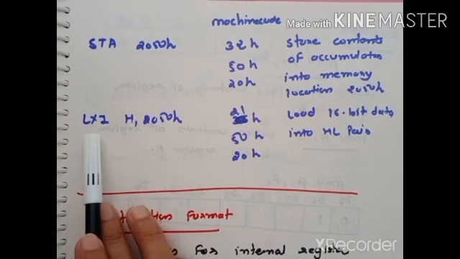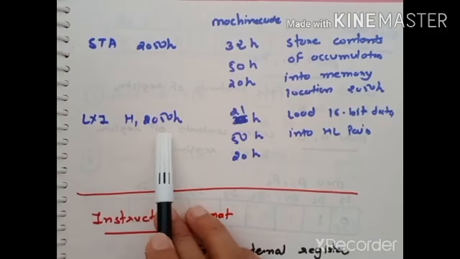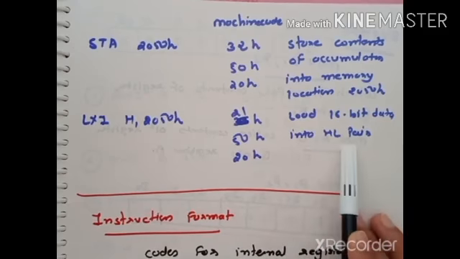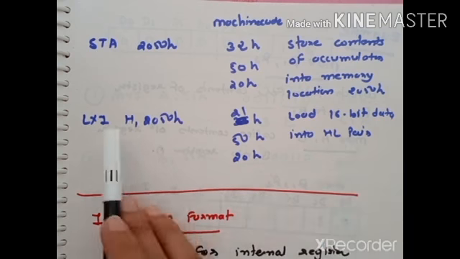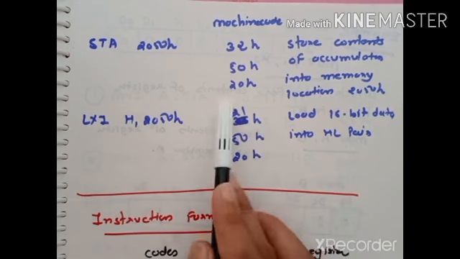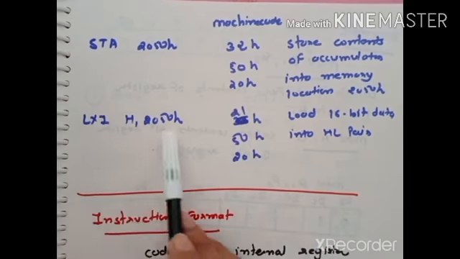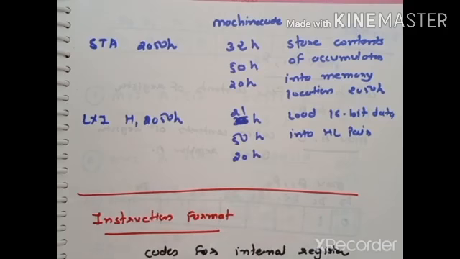Another example is LXI H,2050. This instruction loads 16-bit data into the HL pair. First is 21H, the hex code of LXI H, then 50H and 20H, the lower byte and higher byte.